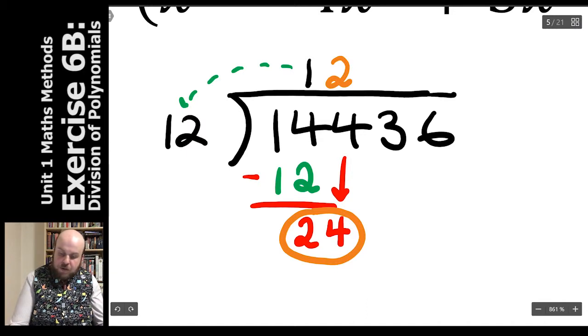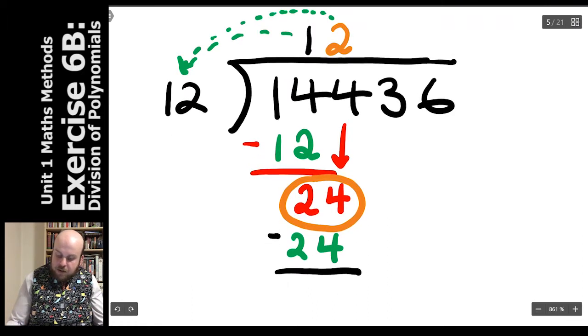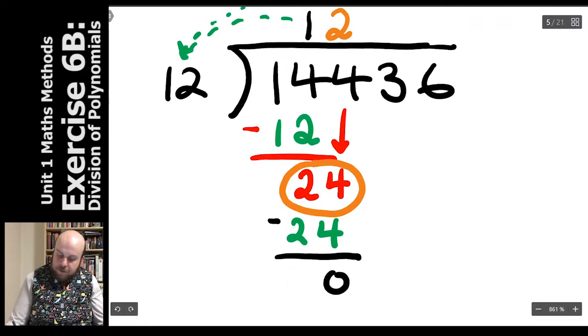And just to prove that I haven't stuffed up colossally, I am going to multiply that. 2 times 12 gets me 24. Let's subtract that. 24 take away 24 is 0. And then we'll bring this one down here, which is a 3.